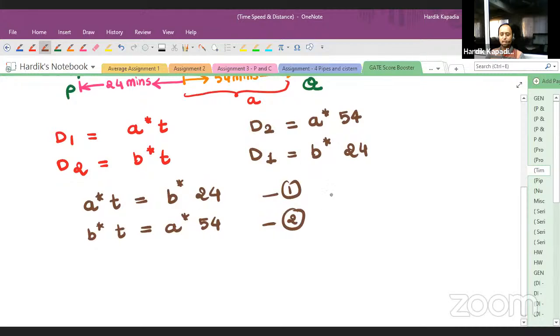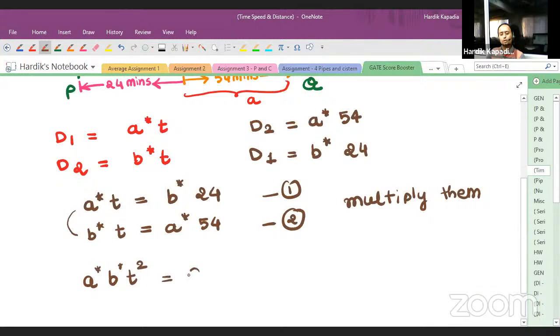Now by multiplying both the equations, we'll get this into this, this into this, you'll get a into b into T square is equal to a into b into 54 into 24.